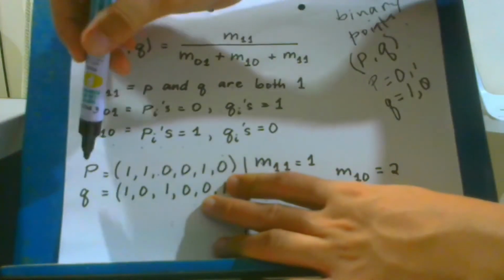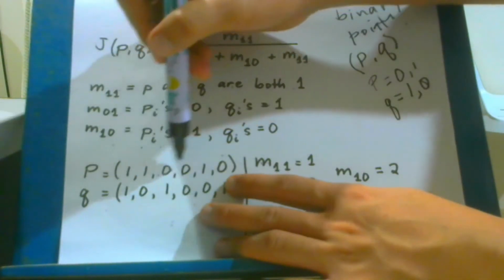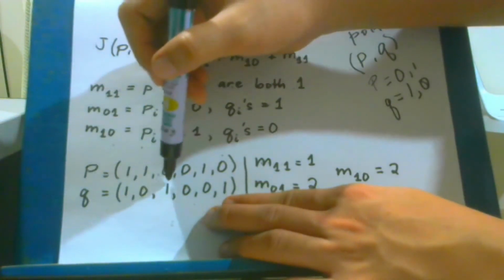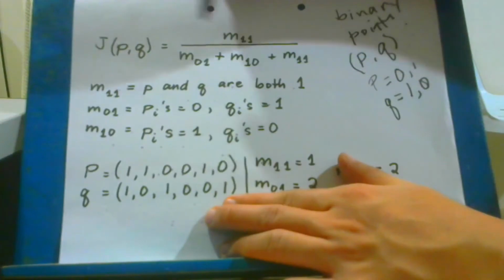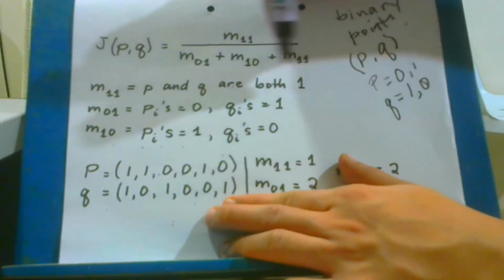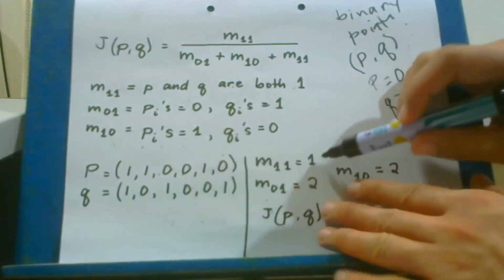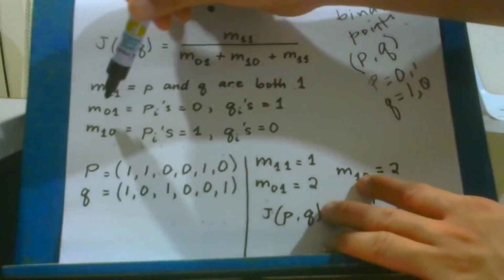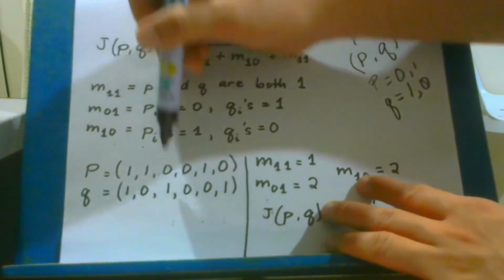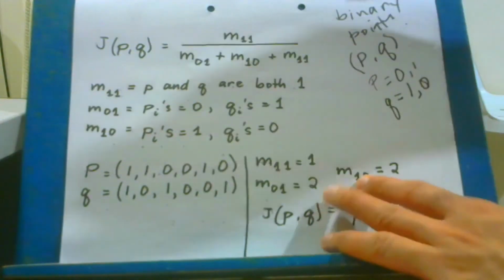For example, we have the following elements in the data set P: 1, 1, 0, 0, 1, 0. Q is equal to 1, 0, 1, 0, 0, 1. Let's find M11, having both P and Q as 1. We only have 1. Then let's have M01, 0 and 1. We have this one and this one, so we have 2.